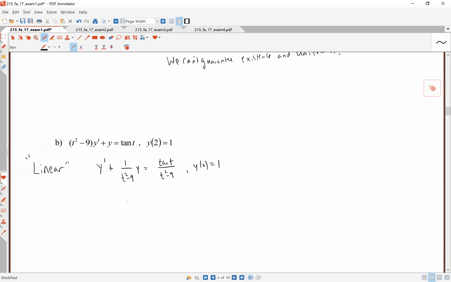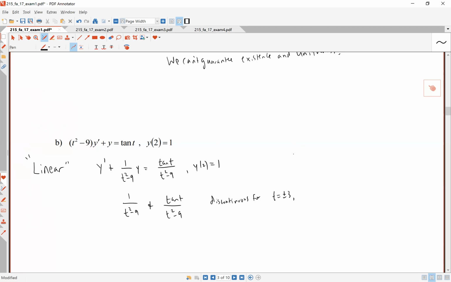Okay, so now we're looking at where 1 over t squared minus 9 and tan t over t squared minus 9 are discontinuous for t. And so we see that we have discontinuities for t equal plus or minus 3.